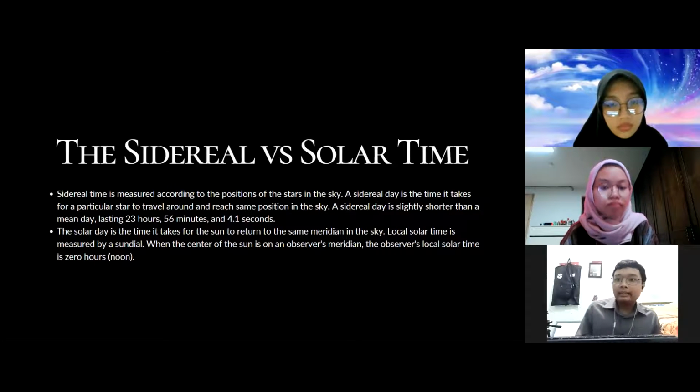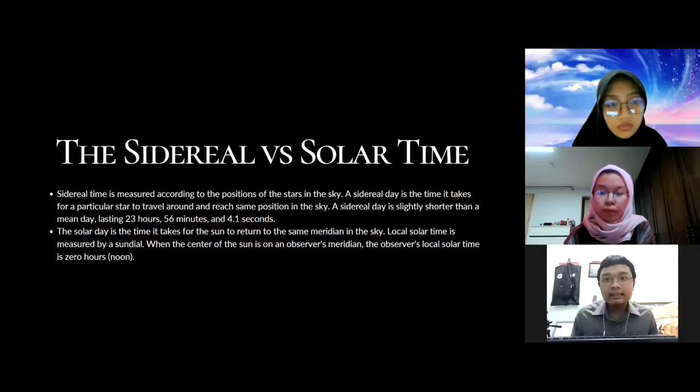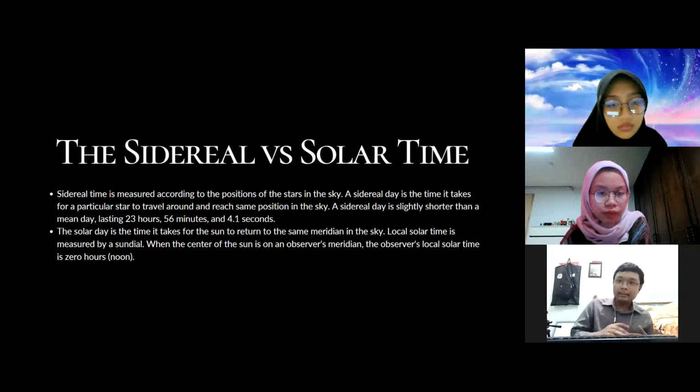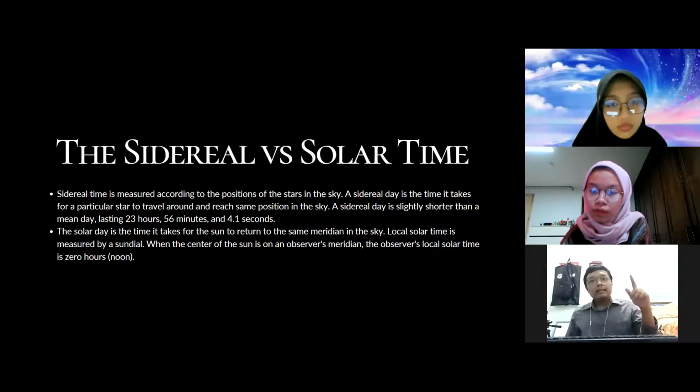And solar time is the time it takes for the sun to return to the same meridian in the sky. So I will just take it in the middle. So sidereal is 23 hours, 56 minutes, and 41 seconds. It's the rotation of the Earth through 360 degrees.